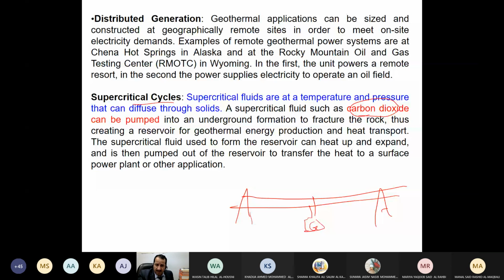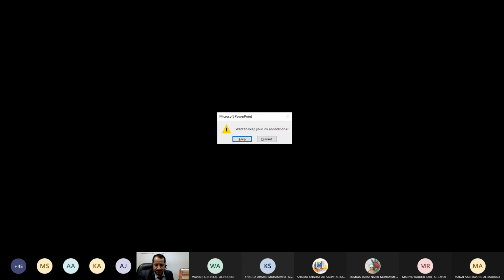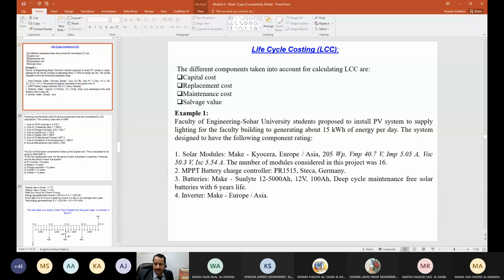When we inject it down, we want to create a useful reservoir. This is what we call a supercritical cycle, one of the applications of carbon dioxide capture and storage. I will stop here on this part.